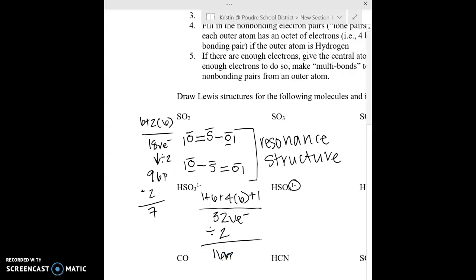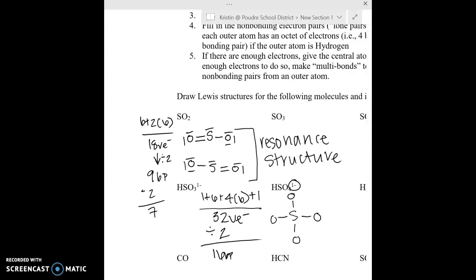Central atom, lowest electronegativity. That's going to be sulfur. Plus hydrogen can never be the central atom, so we don't have to worry about that idea. So sulfur is the central atom. I'm going to stick each of the oxygens on there. And so that's good. And then we're kind of in this weird situation of like, well, where should we put the H?